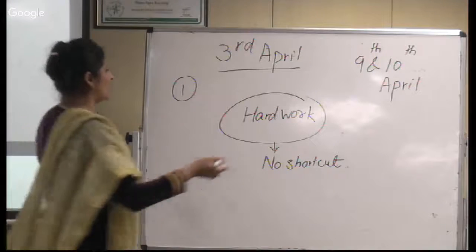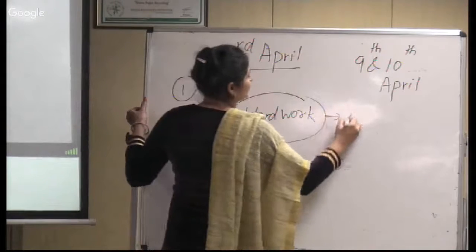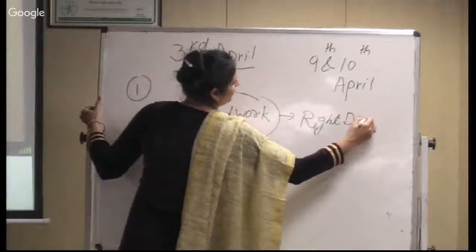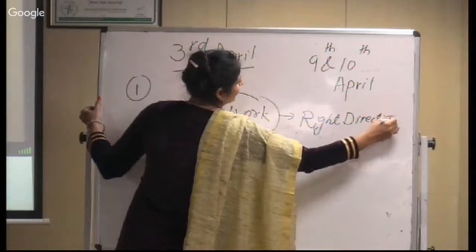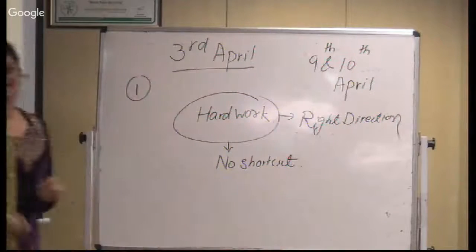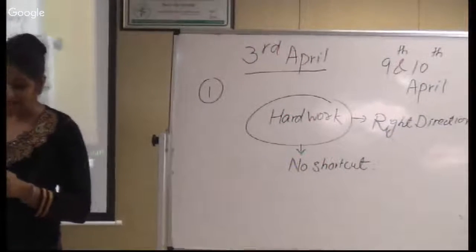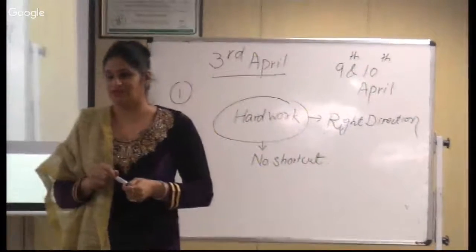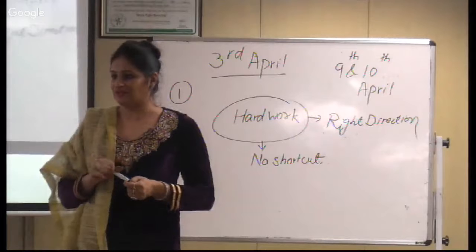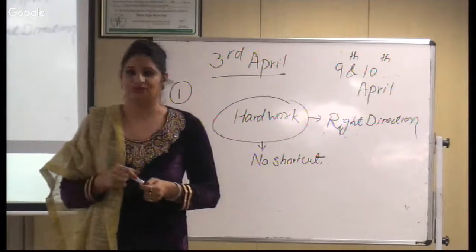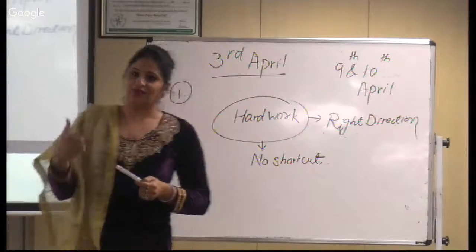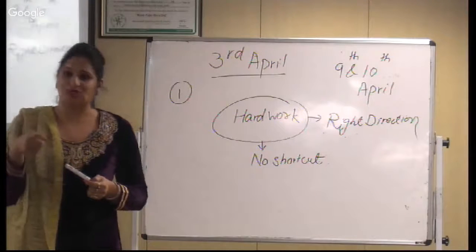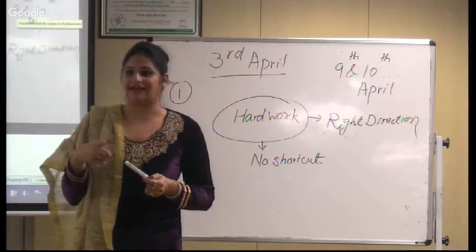Second thing, your hard work should have a right direction. Right direction means that you should have a fixed timetable with you. You should have a fixed plan with you of what you are going to do. For example, if you are going to study 3 topics tomorrow, it should be clear in your mind before that time.